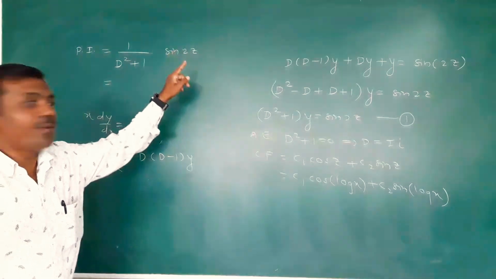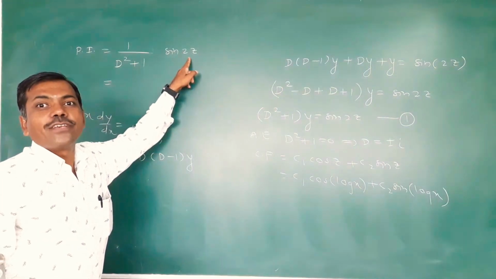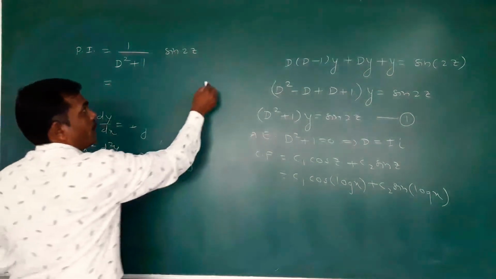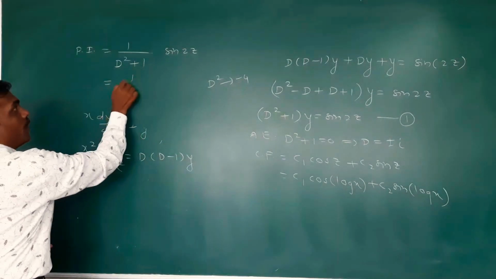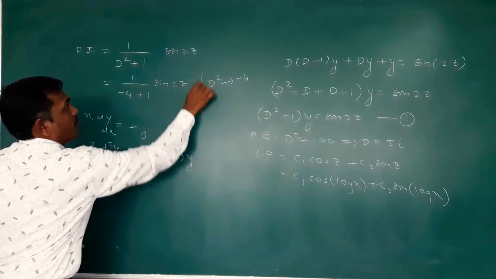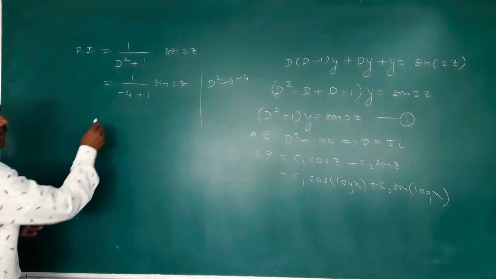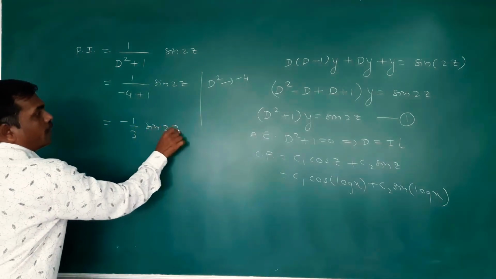Replace D square by minus a square. What is the value of a here? 2. 2 square is 4. So I have to replace D square by minus 4. So here 1 upon minus 4 plus 1 sin 2z. Right? So my final answer is minus 1 by 3 sin 2z.